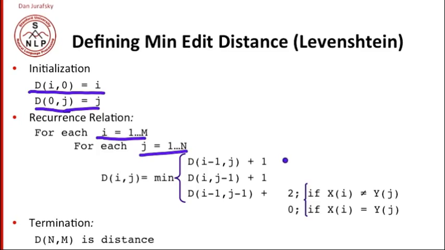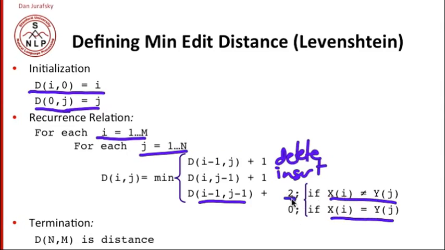If we go from the string i that's one shorter, we're deleting one more thing in i to make it j, or we're inserting one thing into j to make it longer, or we're substituting between the previous strings, x of length i minus 1 and y of length j minus 1, and adding in a new character. If it's the same in both strings, we have a cost of 0. If it's different, we have a substitution cost of 2.